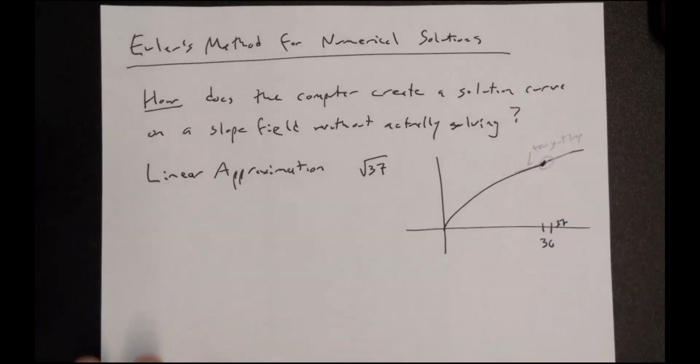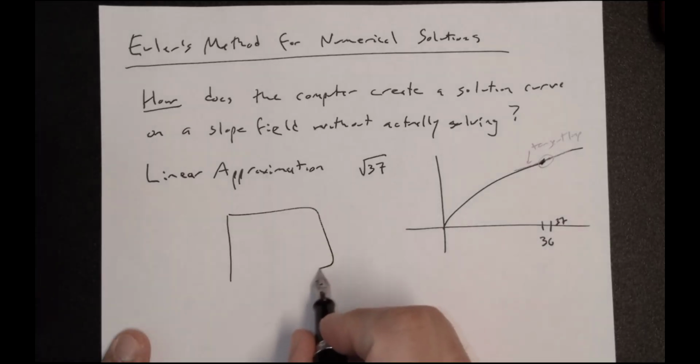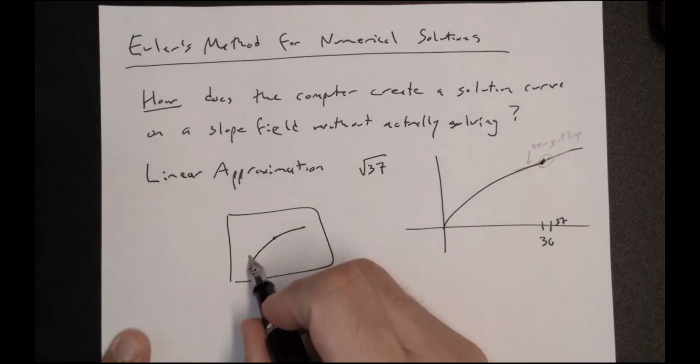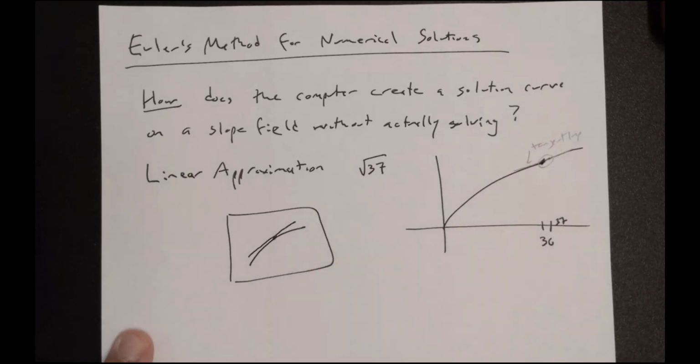And if I look really closely right there, it's very hard to see in my very crappy picture. That just says tangent line. But if you zoom in right there, you would see something that looked like that, right?